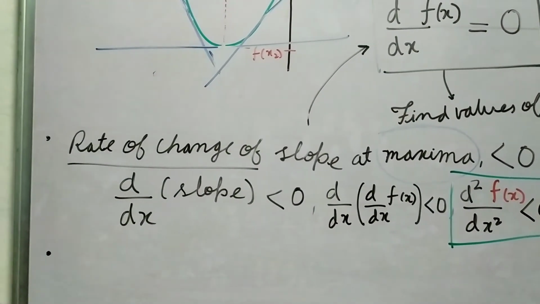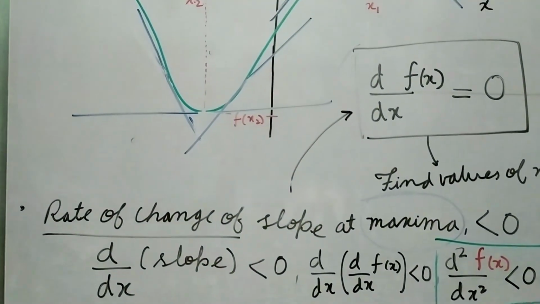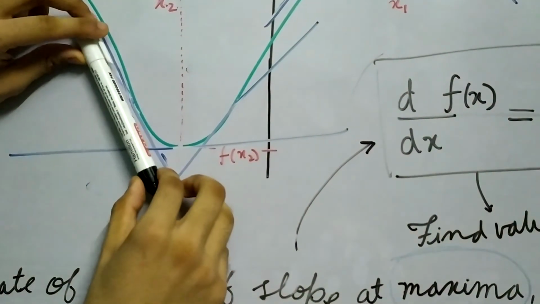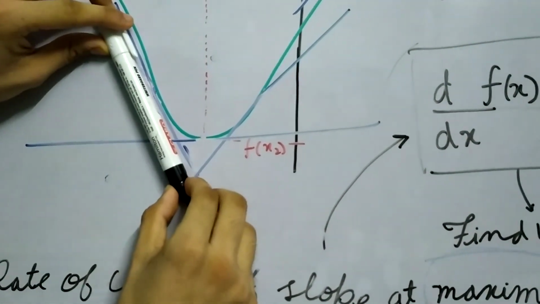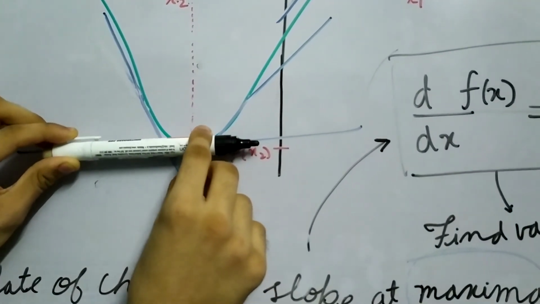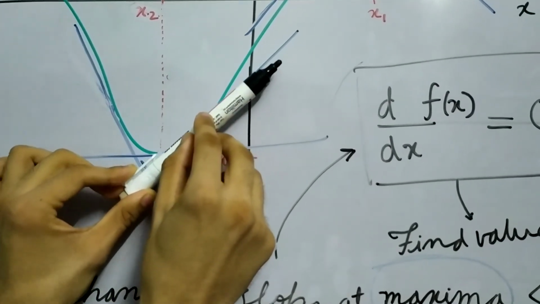Now, what is happening at your minima? The logic is the same. Before your minima, it's negative. It increases. It becomes 0 at your minima, and then it starts to increase.